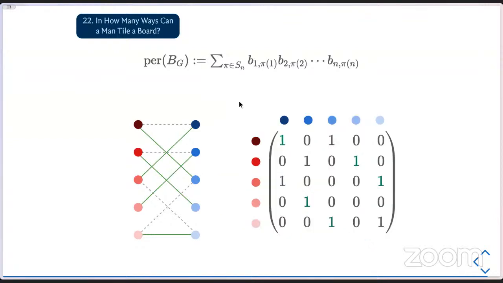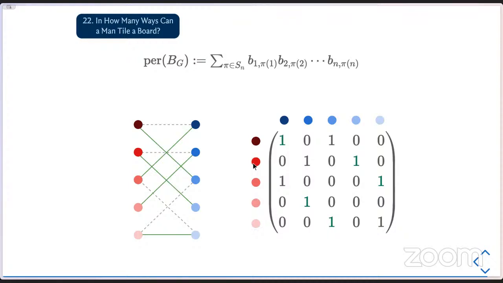So if you think about what is the sign of this permutation, it turns out that it's going to be a +1. And I think I casually said that this permutation is a fixed point plus 1 long cycle, but actually it's 2 swaps.